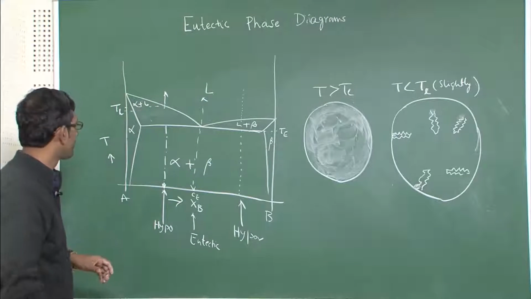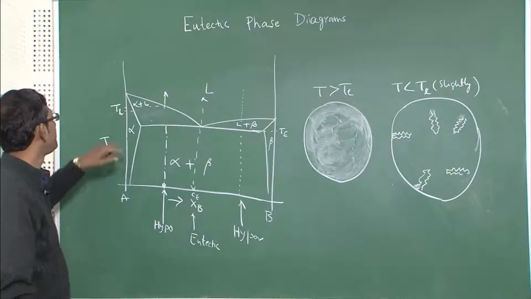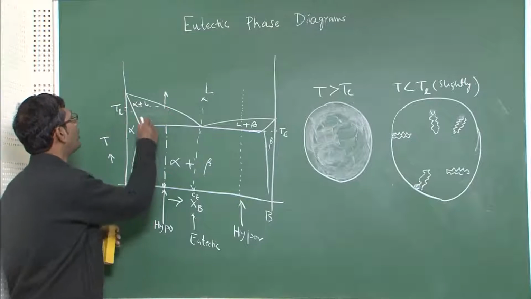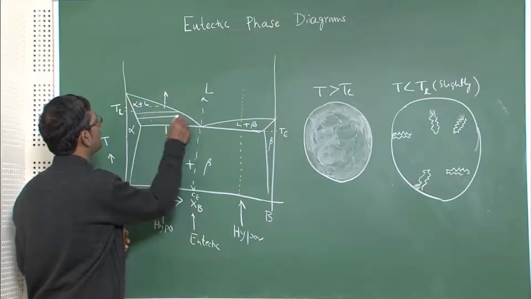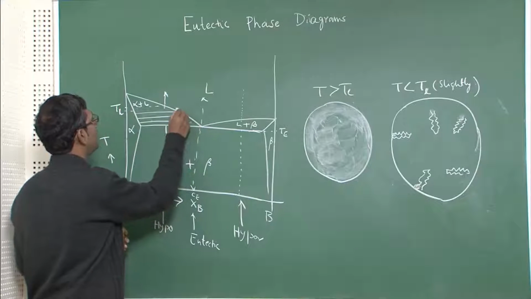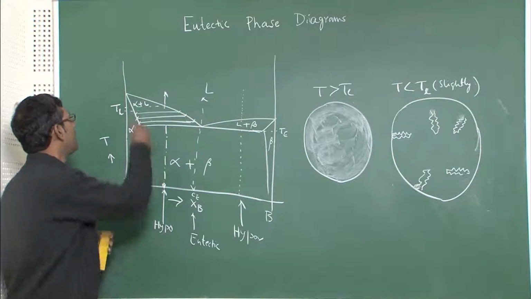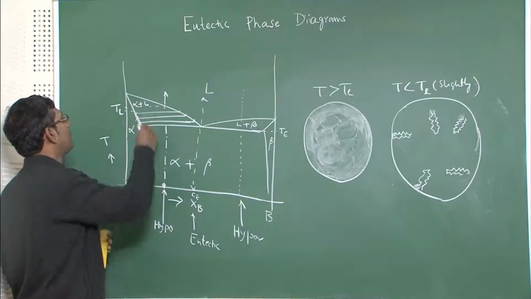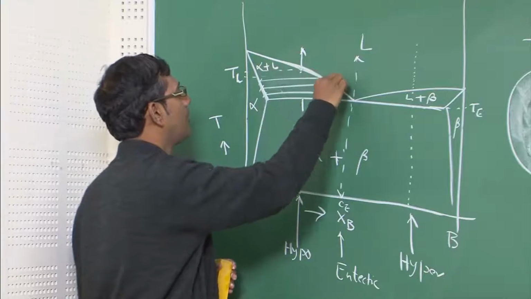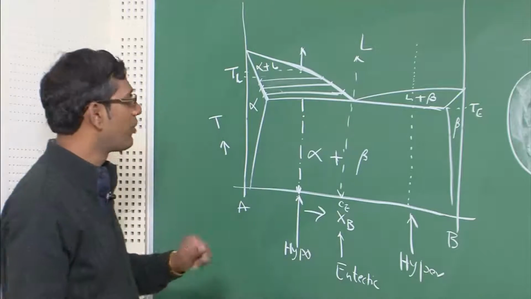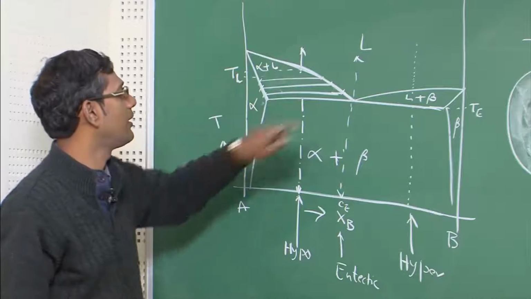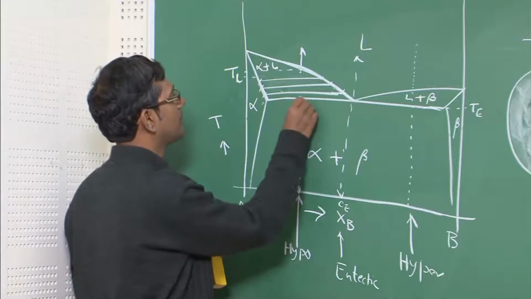As you go down in temperature, I already discussed that the liquid composition will change like this, and the solid composition will change like this. This is the solidus of alpha, this is the liquidus of alpha. Please do not forget that this is the solidus, this is the liquidus, this is also the solidus.